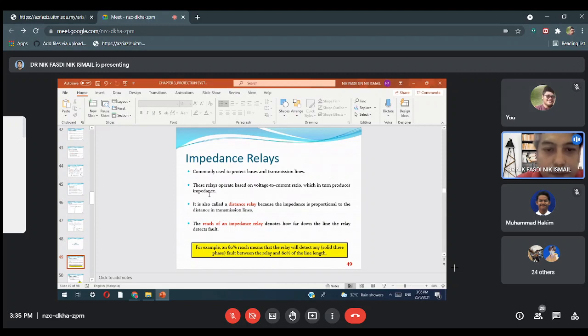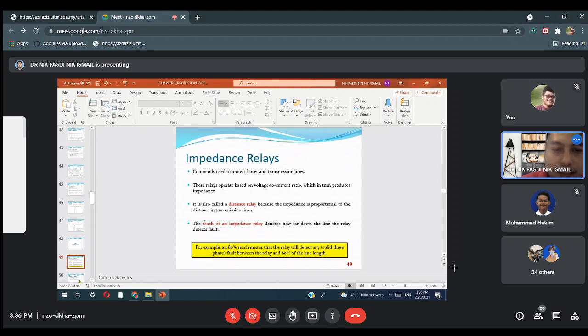It is also called a distance relay because the impedance is proportional to the distance in the transmission line. When we say distance, kita tahu transmission line ni ada jarak, berapa km, right? So based on the length of the transmission line, the reach of the impedance relay denotes how far down the line the relay can detect faults.